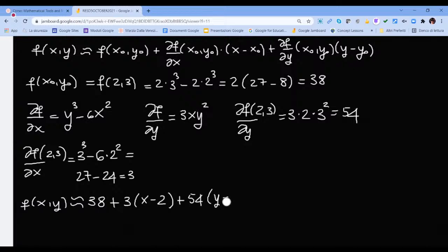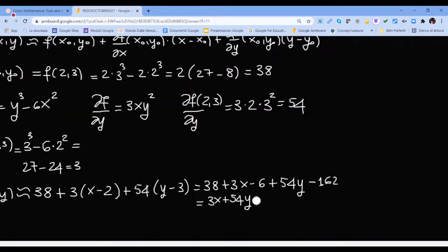That is equal to 3x plus 54y. And then we have to sum up. It is 32 minus 162, which is minus 130. This is the linear approximation.